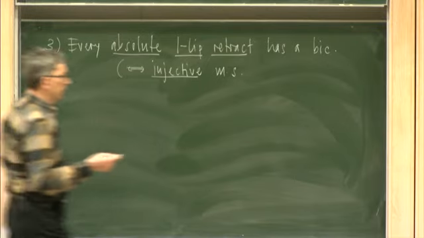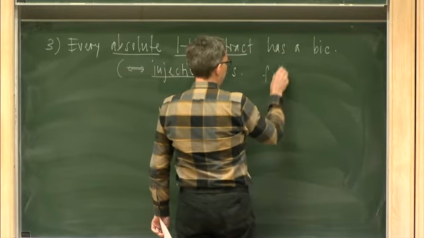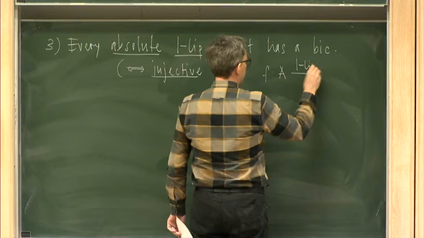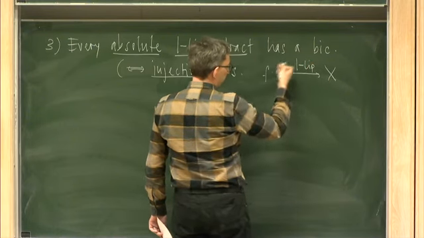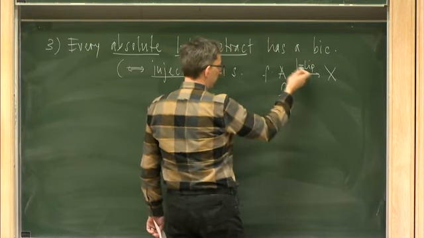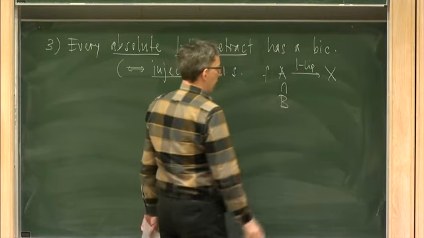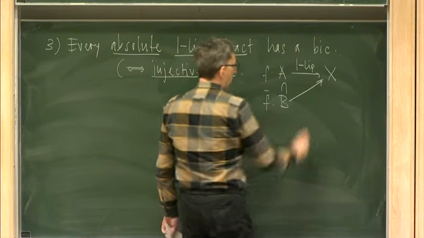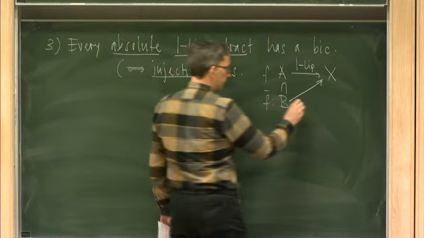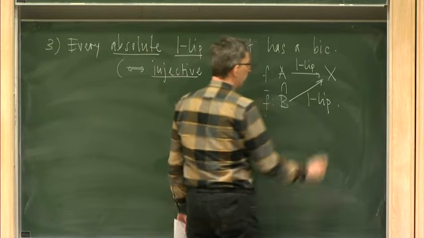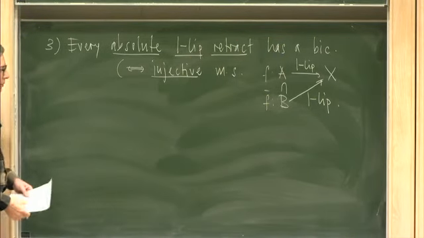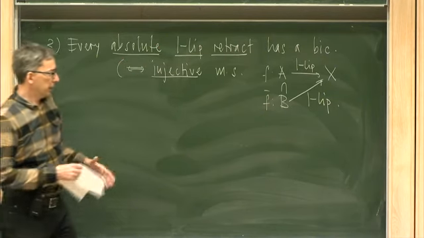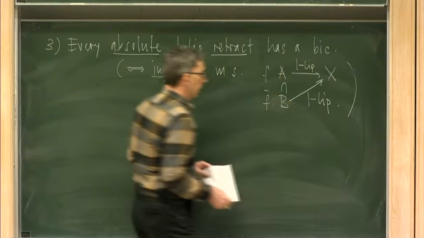So this means that whenever you have a one Lipschitz map into X defined on some subset A of some metric space B, then F extends to a map F bar from B, and the extension is again one Lipschitz. And it's easy to see that these conditions are equivalent, being an absolute one Lipschitz retract and being an injective metric space.